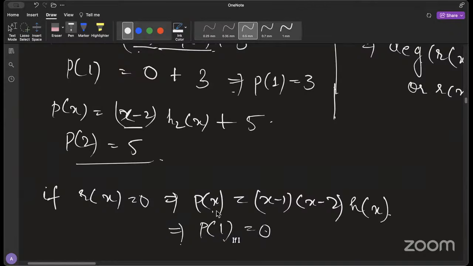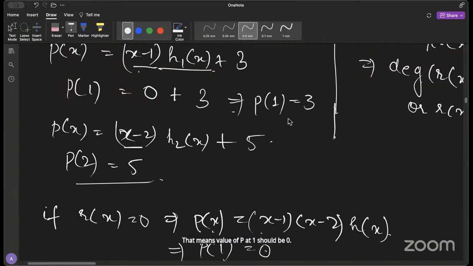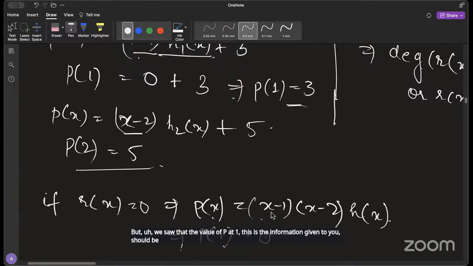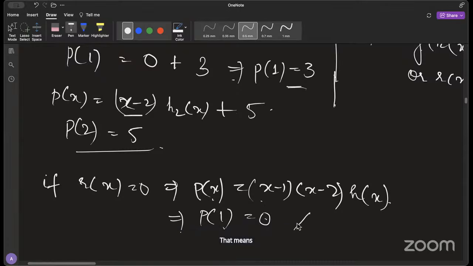If I put 1 here, 1 minus 1 becomes 0, so this entire term will become 0. That would mean that the value of p at 1 should be 0. But here we saw that the value of p at 1, which is the information given to you, should be 3. That means this should not be correct, right? That means your remainder should not be 0. So this is case 1.